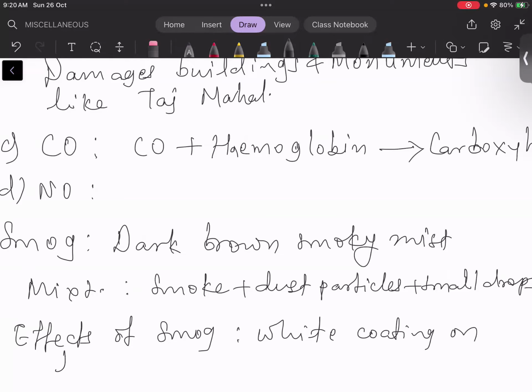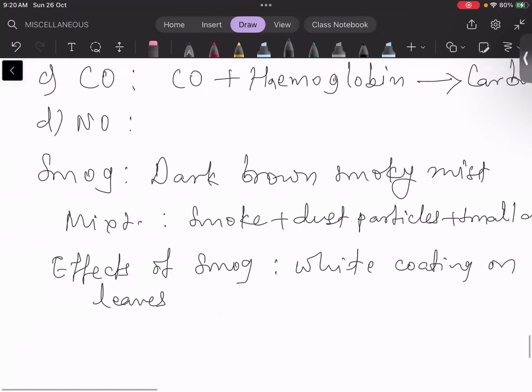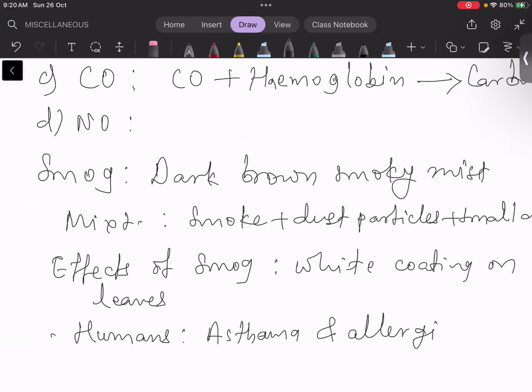Secondly, in humans, it causes asthma, allergies, etc. Of course, there are two types of smog.